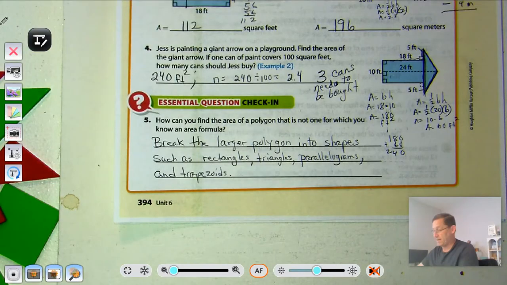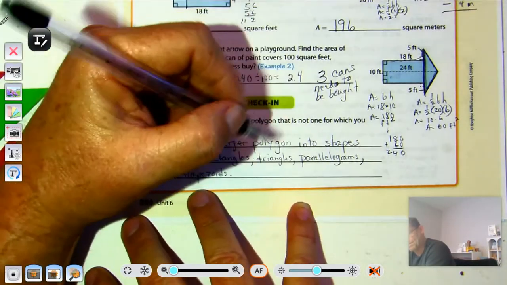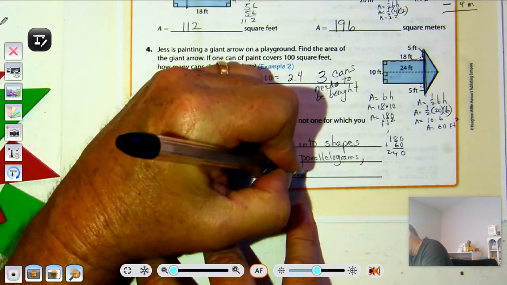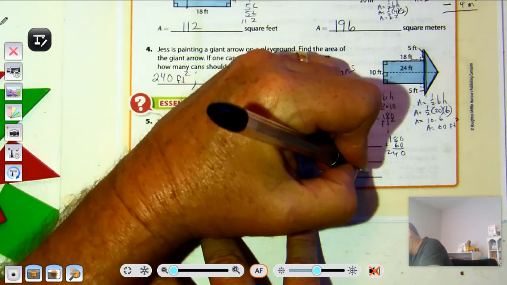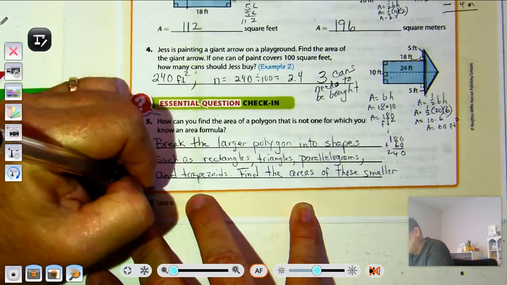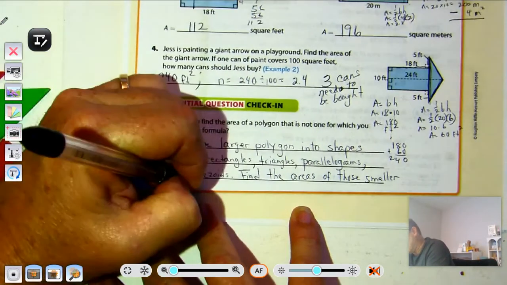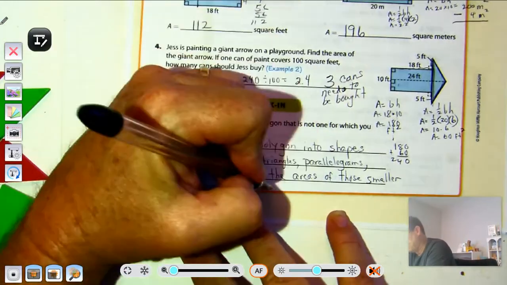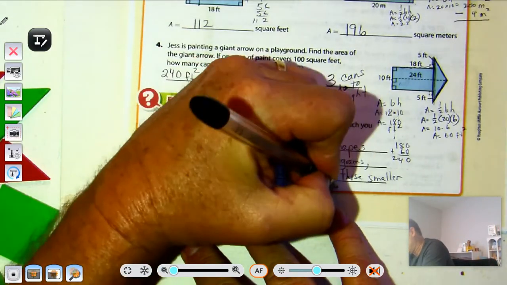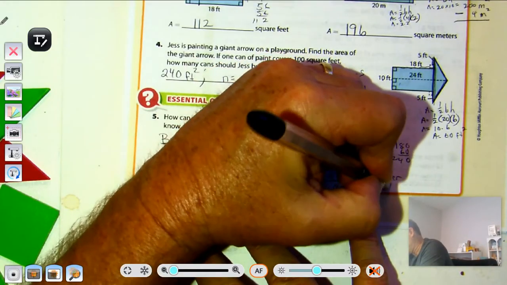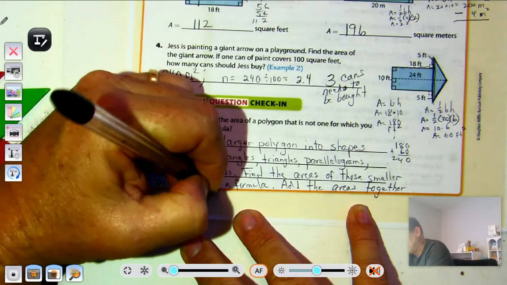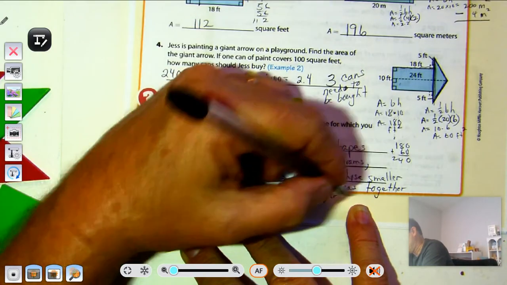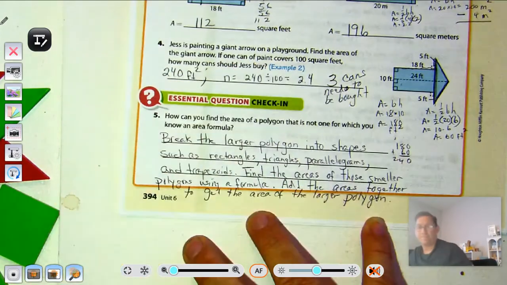Okay, once you've broken them into smaller shapes, just use the formulas for those shapes. All right.